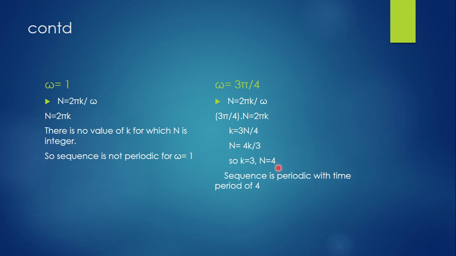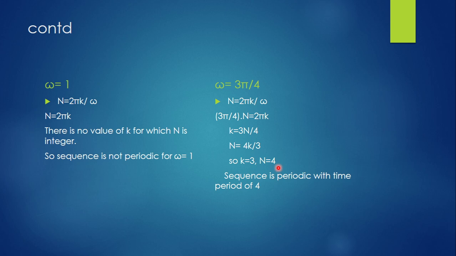But in the case of the continuous signals, what we know is it can have any value of the frequency. There is no limitation on the value of omega, on the value of the frequency, for the signal to be periodic. There are two very major differences between the discrete signal and the continuous signal.